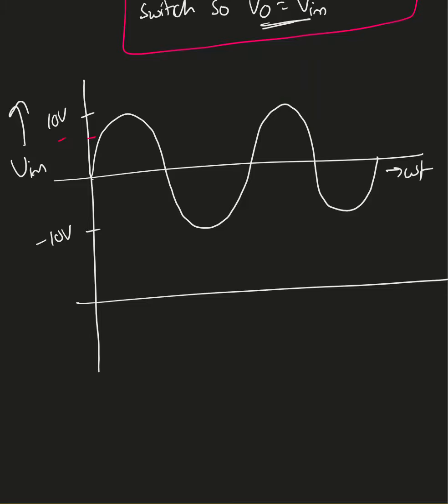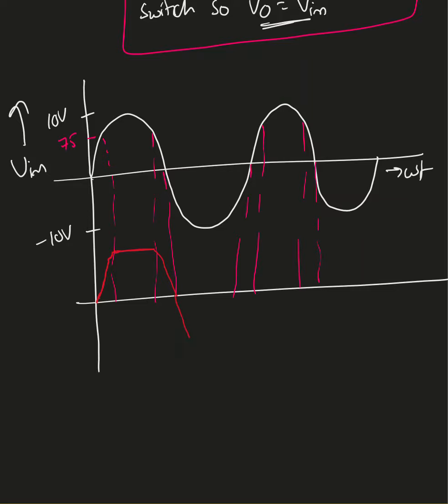So this is 7.5. Let me draw this dotted line so we know exactly where to draw the output waveform. Up to 7.5, it's going to follow the input. At 7.5, it's going to be clipped.